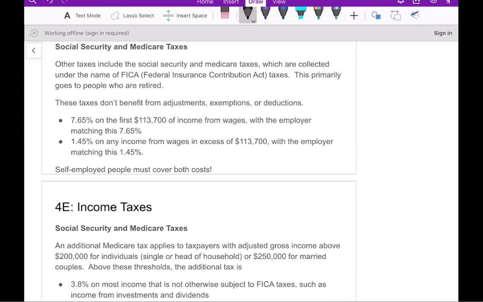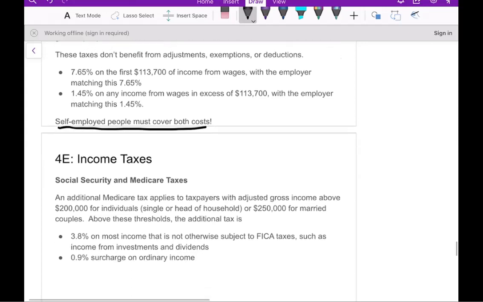The way these are calculated is that they're taxed at a 7.65% rate for the first $113,700 of income, and the employer would also match this 7.65%, right? Then 1.45% would be for wages in excess of this, and the employer would also match this. Now, if you're self-employed, you'd have to pay both of these, right? So you're paying sort of double for this.